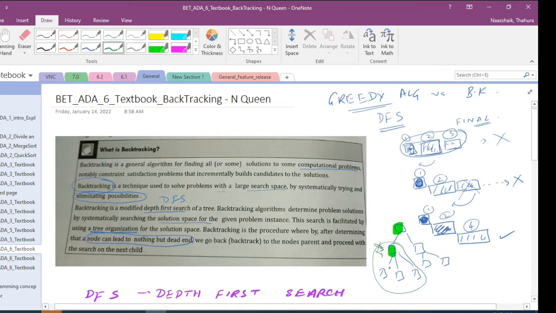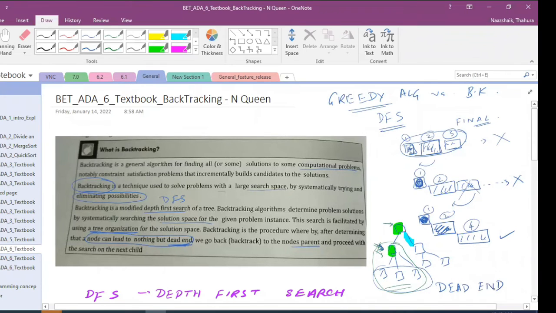You have an option of discarding all these subsets and directly backtracking to pick another alternate solution. That's one of the advantages. The moment you realize it's not going anywhere, that you have reached a dead end, we go back to the parent node and proceed the search on the next child. This way we are not unnecessarily processing anything that will lead to a dead end.